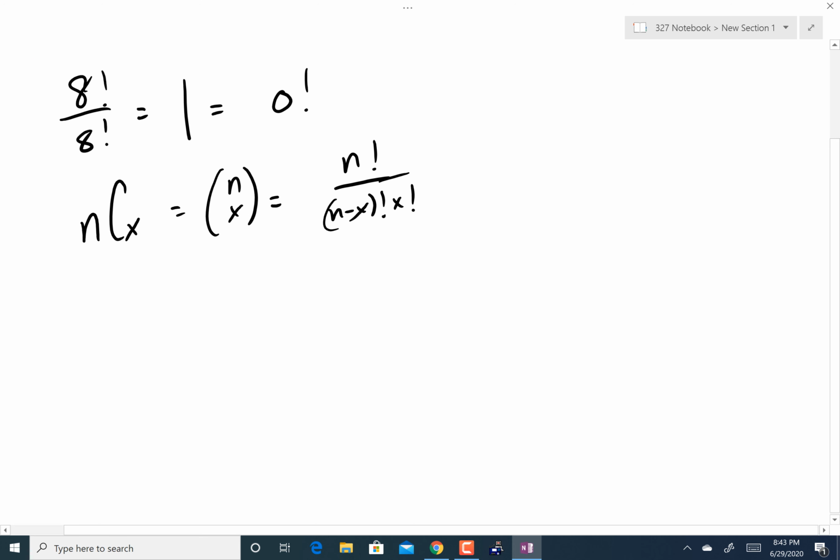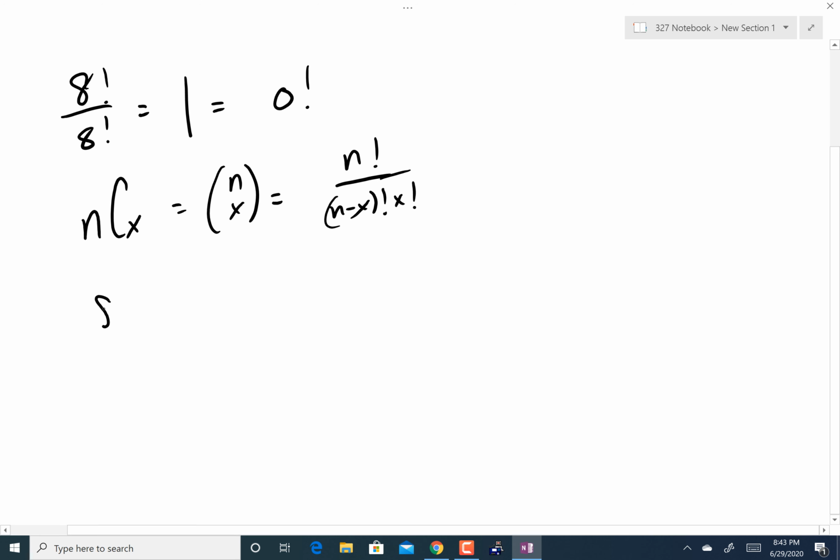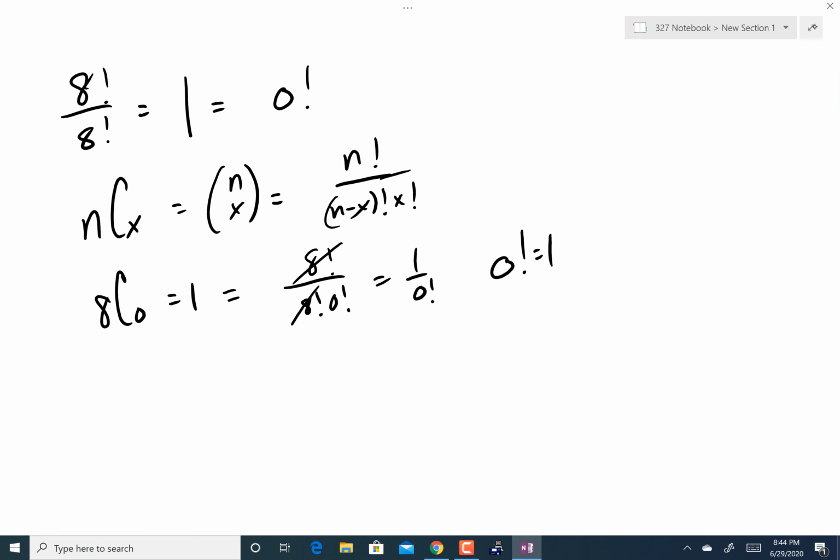If you had 8 things and you take none of them, how many ways can you do that? Well, you can do it one way. It's going to be 8 factorial over 8 factorial times 0 factorial. That gives me 1 over 0 factorial. But clearly there's one way to do it. By definition, then 0 factorial is 1. Okay? I think I mentioned that in our probability lecture, but just making sure we're clear on that.